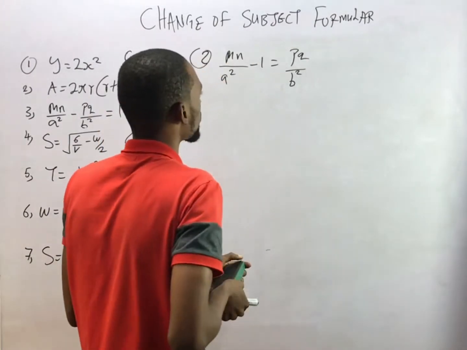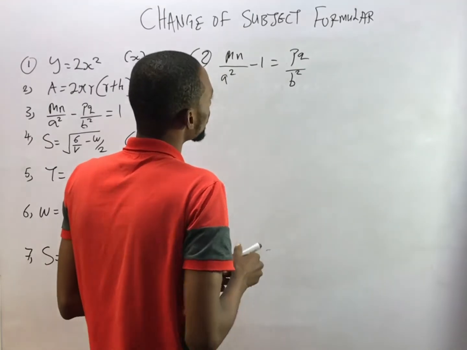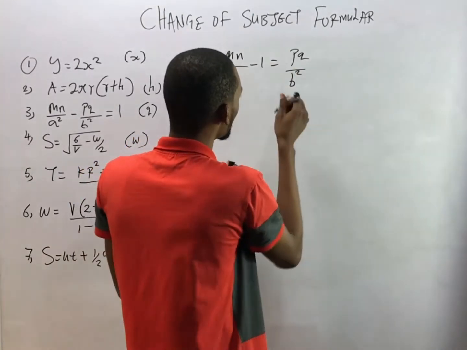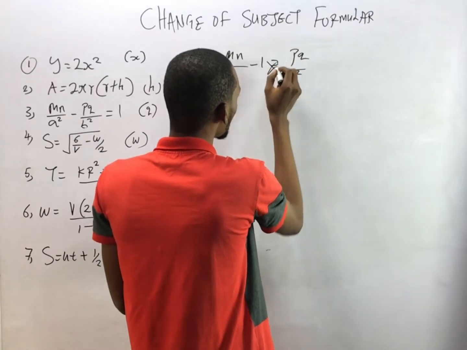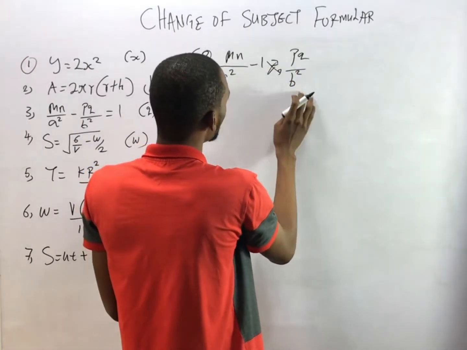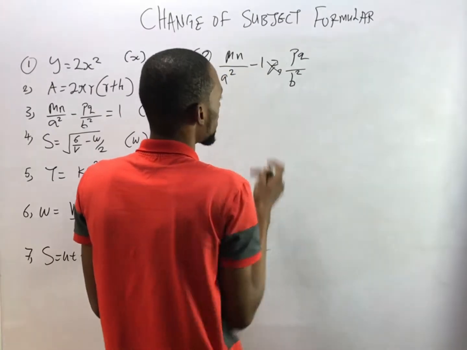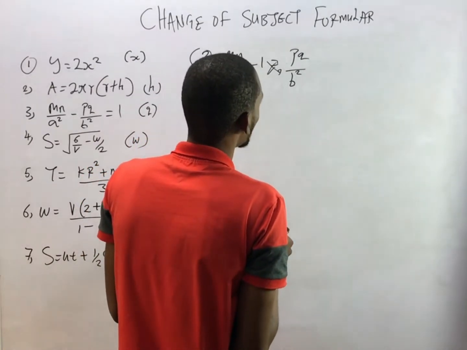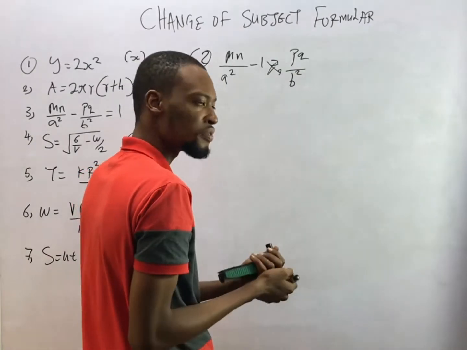As this one is going the other way, it's becoming negative. So we have this. What we do again, this is division, this is division. We can cross multiply. Cross multiply means multiplying this by this and multiplying this by this. Let me do it the way it won't confuse you.